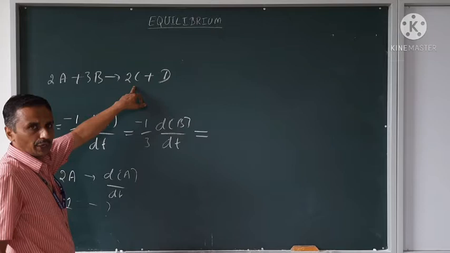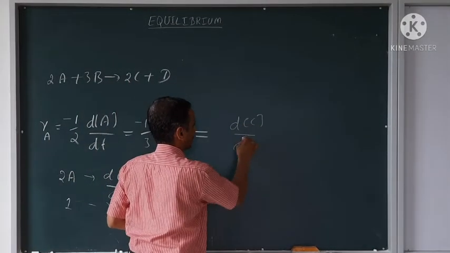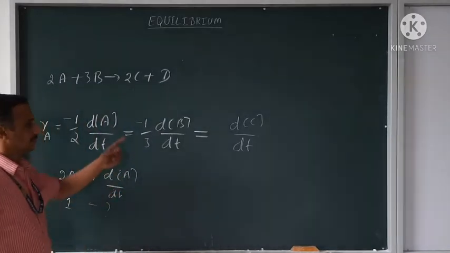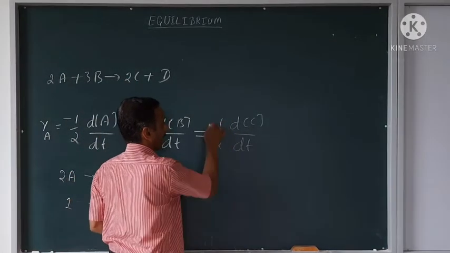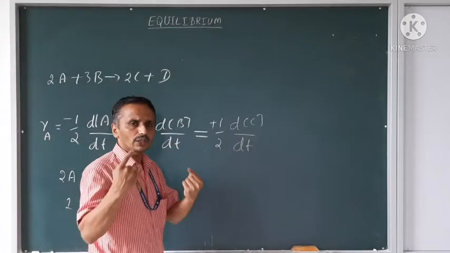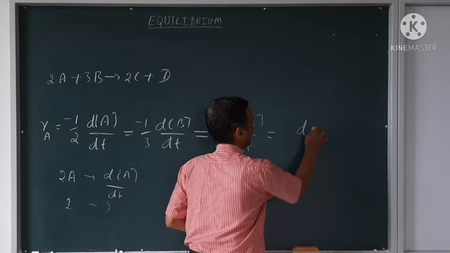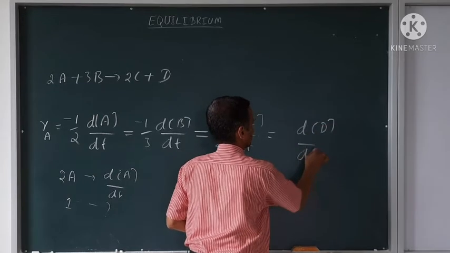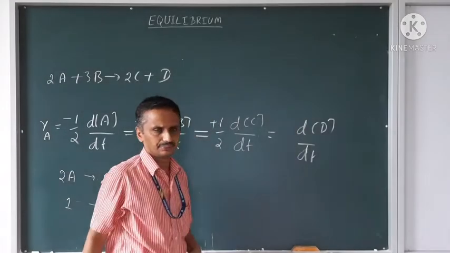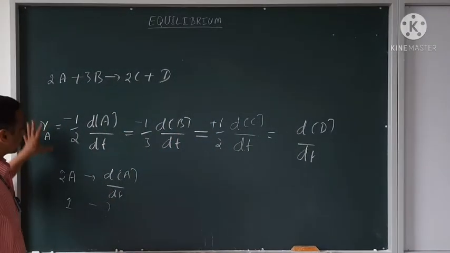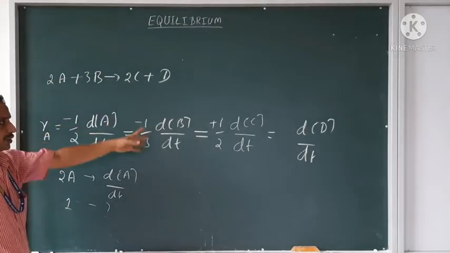Now with respect to the product, dC by dt concentration, but there are 2 moles in that, so I have to write 1 by 2, and it is positive because molar concentration of the product goes on increasing, which is equal to dD by dt, and only 1 is there, so 1 by 1, which is 1 only. So this is how to write the rate for each reactant and the product.